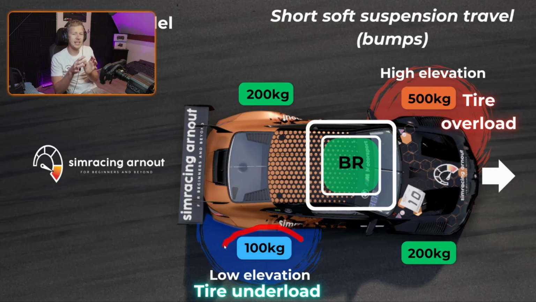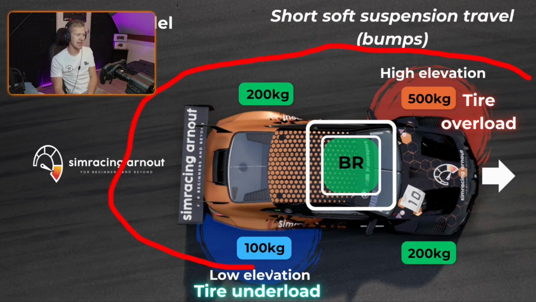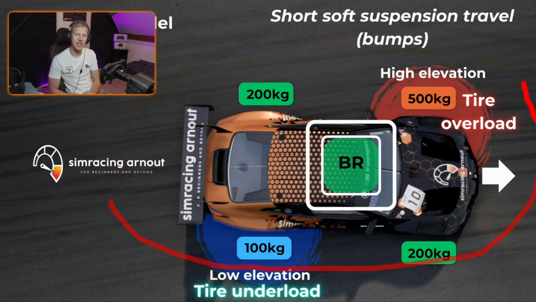This can happen throughout a corner, or for a part of a corner or a part of the track, but you can also think about this happening like 100 times a second with a track that's constantly changing in height.